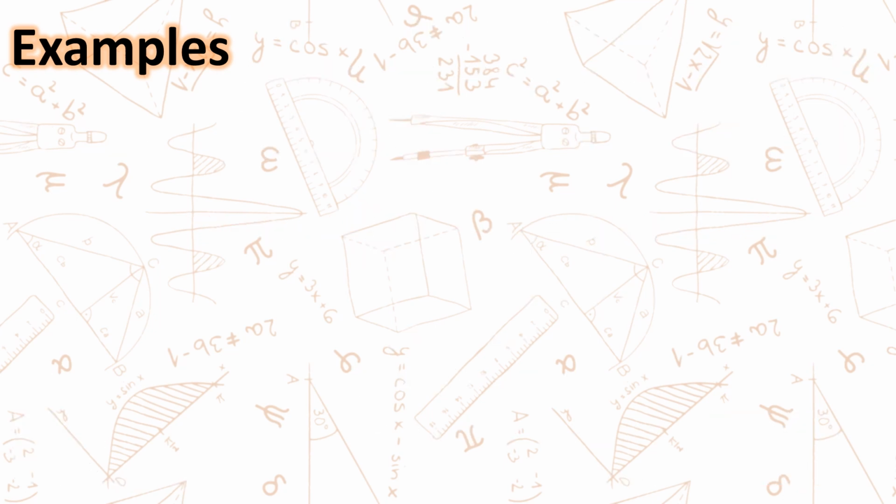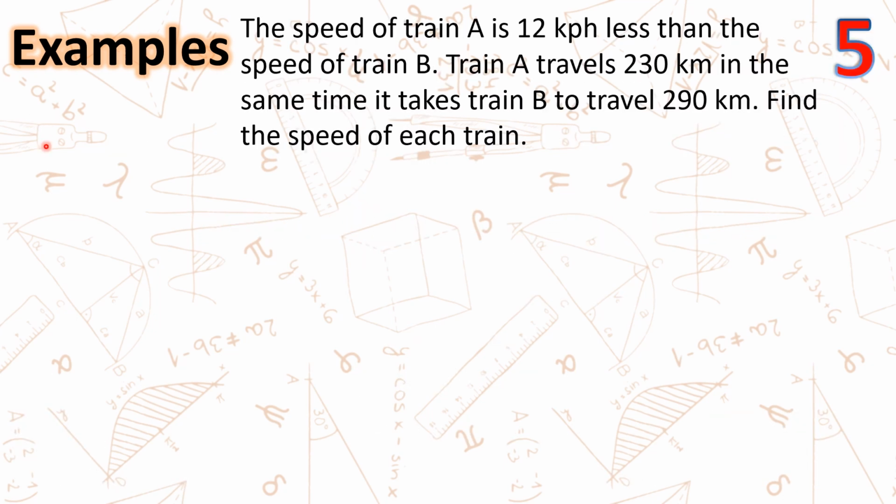Question number 5. The speed of train A is 12 kilometers per hour less than the speed of train B. Train A travels 230 kilometers in the same time it takes train B to travel 290 kilometers. Find the speed of each train.